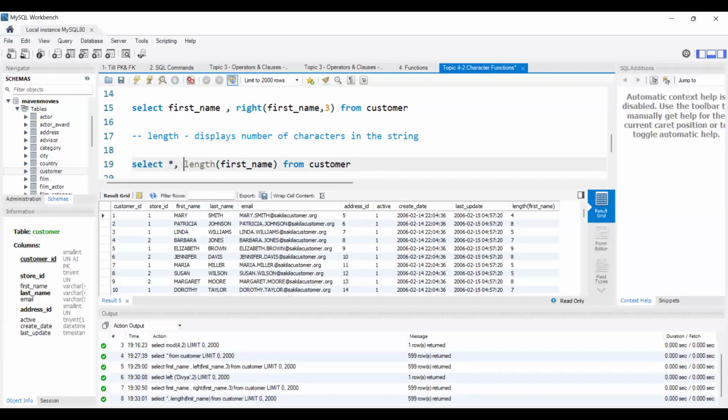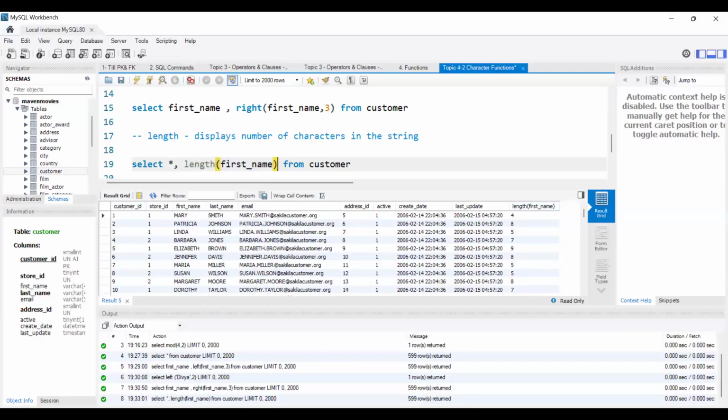We can even use count, or any of the functions like this also. If we want to add any function with the entire table, we need to use select star, that is asterisk. After that we give one comma and then that function. So it will display the complete table, but the last column will be that function.